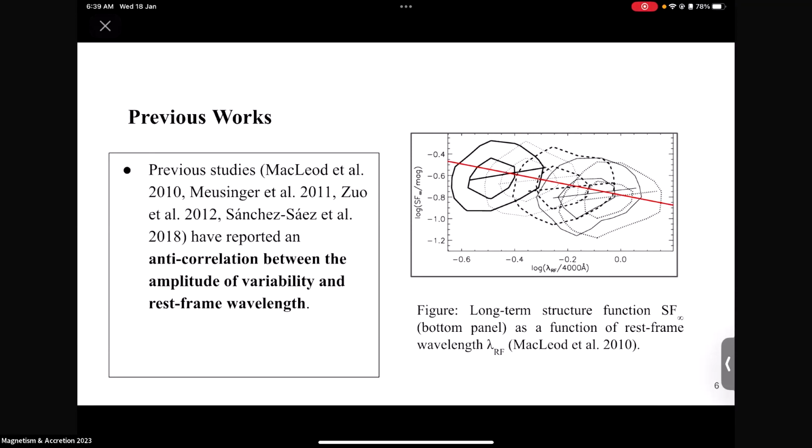We wanted to confirm this study because the amplitude of variability also depends on the black hole mass and the Eddington ratio, which makes it challenging to understand the relation between the amplitude of variability and the rest frame wavelength.